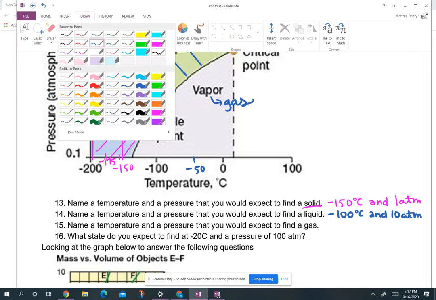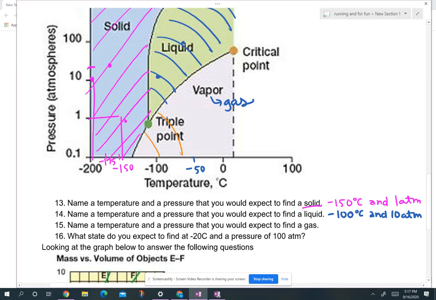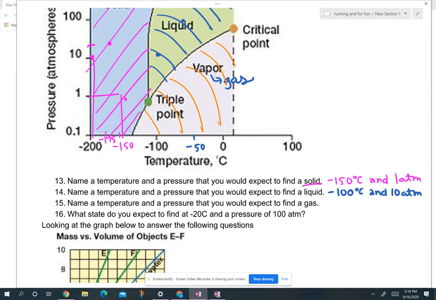So just keep that in mind. Next one, we're going to look at a point for a vapor. So again, it's going to be any point in here. And then I can go 0 or 1. I can go negative 50 again if I want to. I'm going to do negative 50 degrees Celsius, and now I just have to be reasonable when I'm picking this. So if I say negative 50 and 10, that's right here, so that's one point I can say.